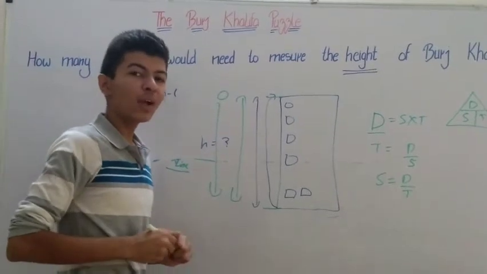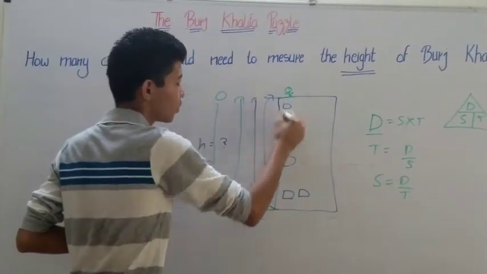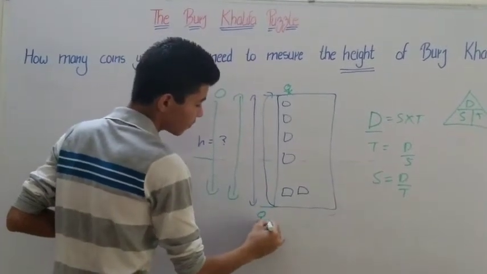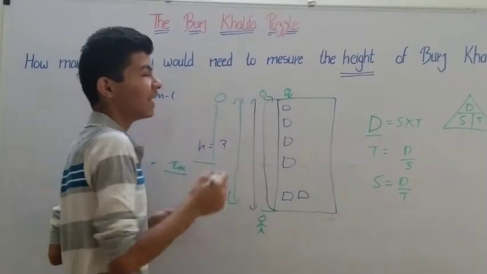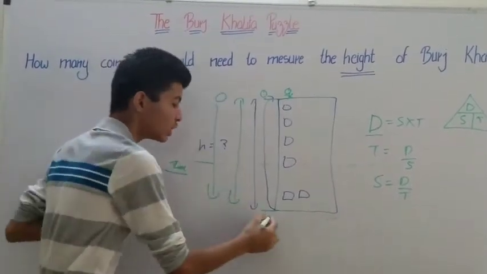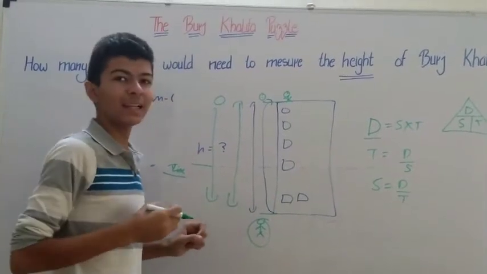So what you can do is take one friend to stand on the top while you stand at the bottom. If you have a digital watch, you start it when you throw the coin, and he would stop the watch when the coin reaches the bottom.